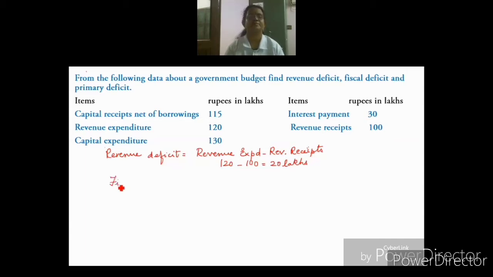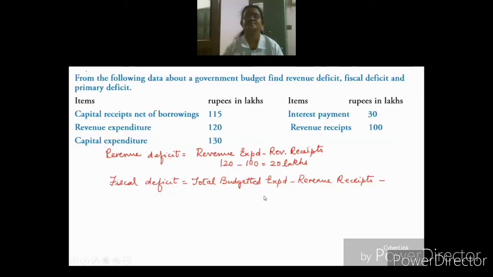So we have to calculate fiscal deficit. Fiscal deficit is total budgeted expenditure minus revenue receipts minus capital receipts net of borrowing.